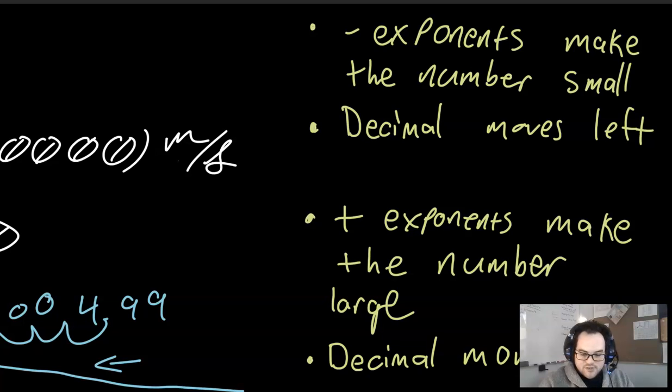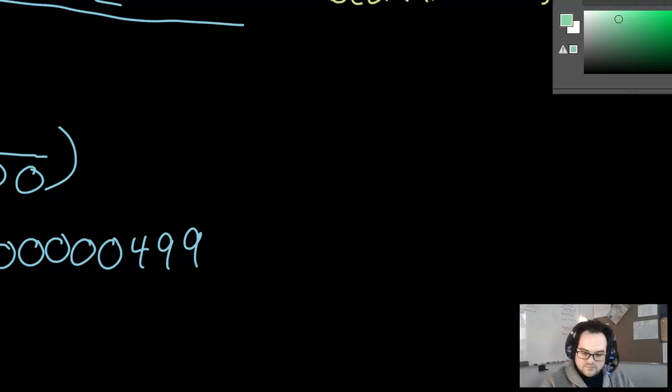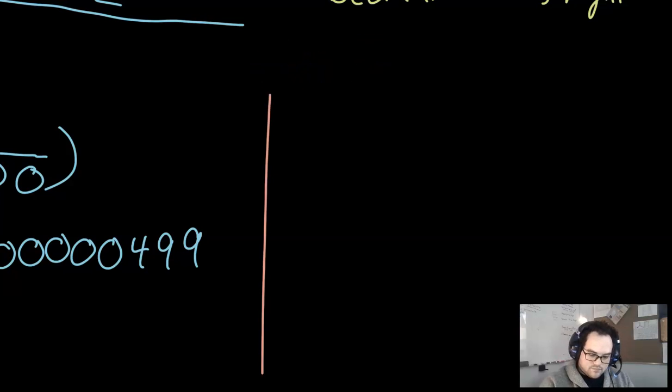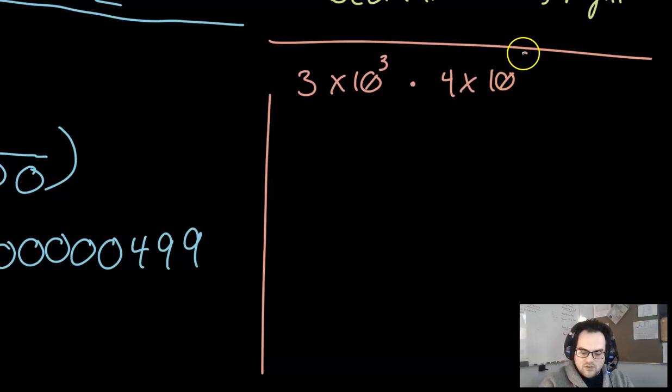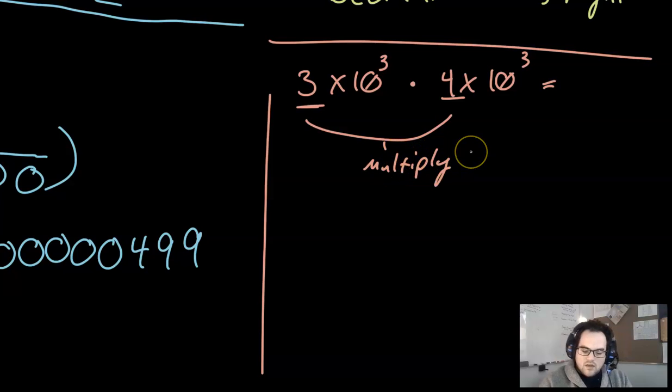Now, one more thing before I wrap up this video. When you multiply numbers that have exponents, so if you had 3 times 10 to the third times 4 times 10 to the third, what you would do is multiply the numbers in front, and then you add the exponents.